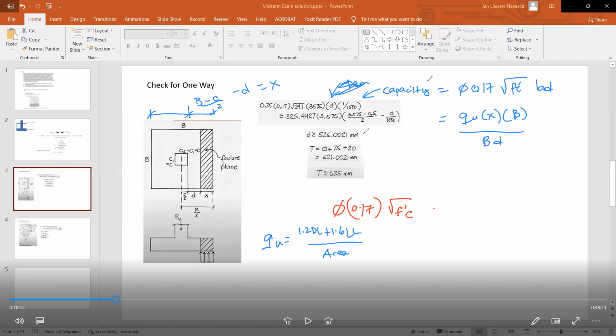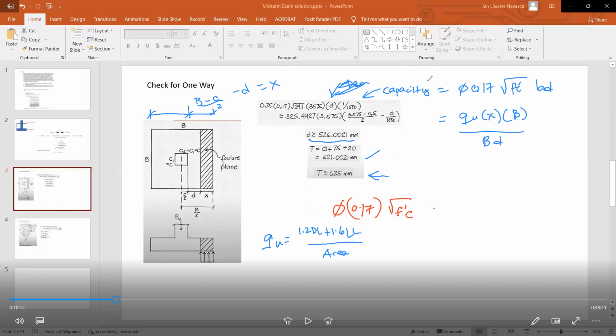And you can now solve for your D, yung effective depth, which is 526 millimeters. Then, according to the problem, the total depth, binigay ko na equation that is plus 75 mm concrete cover plus the rebar diameter. So, ito yung value mo, 621. So round up to the nearest 25 millimeters, you have your 625 millimeters. So ito yung required depth based on one way.